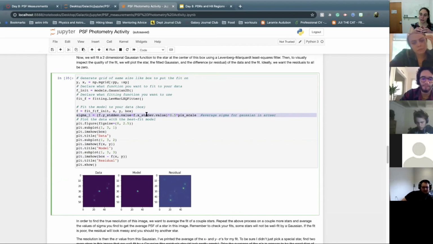We have a 2-dimensional Gaussian, so we want to take the average of the 2 dimensions: X plus Y divided by 2, or multiplied by 0.5, and then multiply it by the pixel scale to get our sigma in arcseconds instead of in pixels. So this determined sigma in pixels, and I want it in arcseconds.